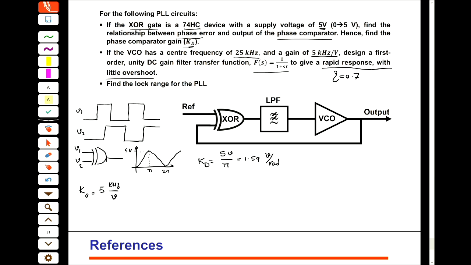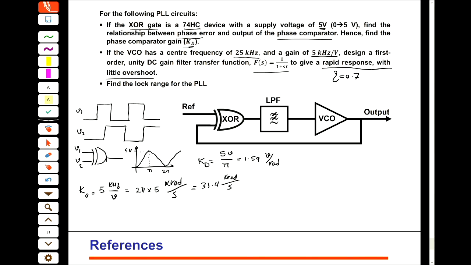If I want to change this to radians, it means this equals 2 pi times 5 kilohertz per volt, so kilo radian per second per volt, which equals 31.4 K radian per second per volt. So this is the first thing.